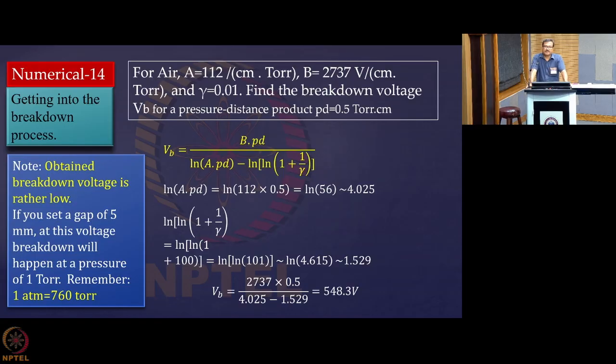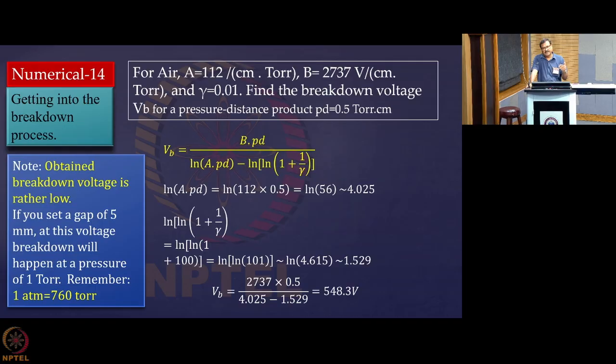This PD is whatever value we have put over here, 0.5 torr centimeter. So D is kept fixed, suppose. Then if you increase the pressure, your breakdown voltage increases, because now you are reducing the mean free path.